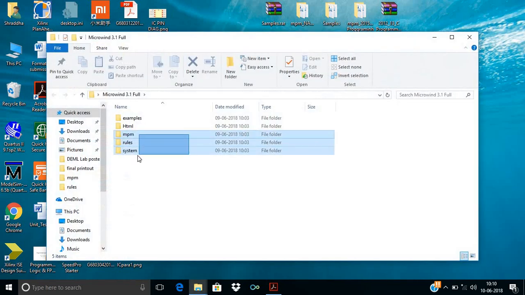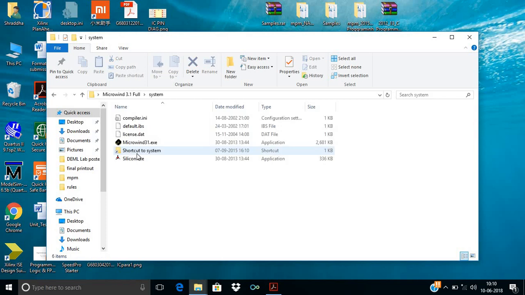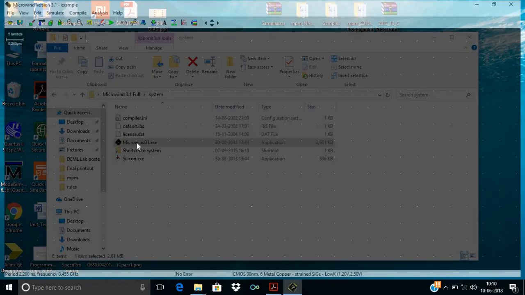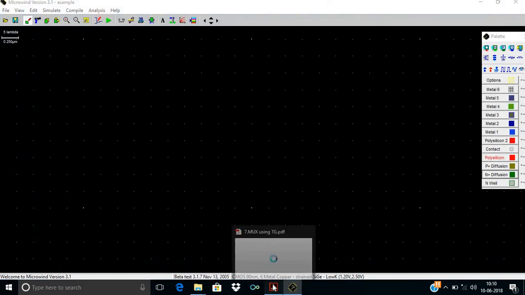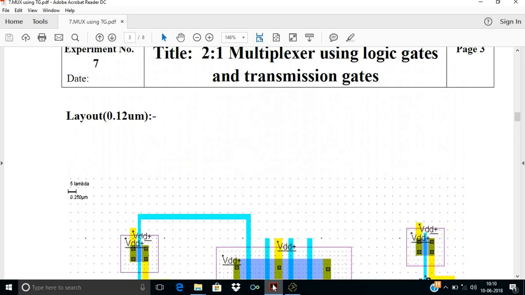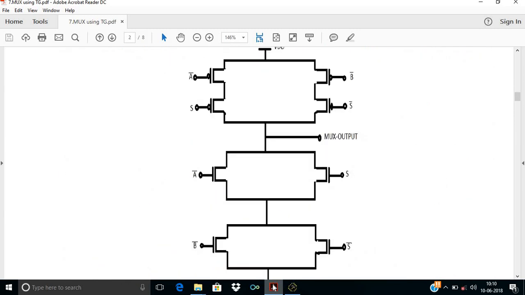Now open the Microwind software. First of all we will draw the pull-up network.